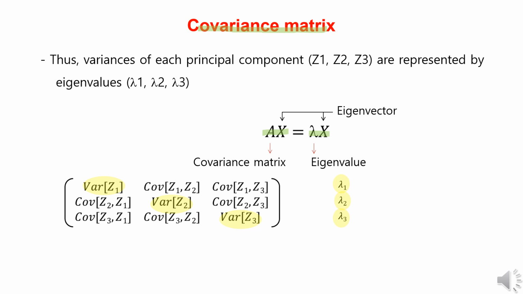In practical terms, this means that the variances of the principal components, such as z1, z2, z3, which lie on the diagonal of the covariance matrix, can be expressed as the respective eigenvalues lambda 1, lambda 2, lambda 3. So each principal component's variance is associated with its corresponding eigenvalue.